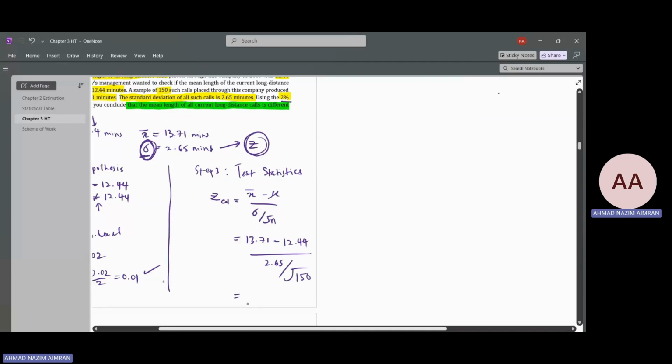Calculating this, you will get the Z calculated, that is equal to 5.870.